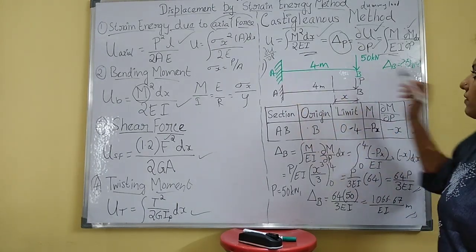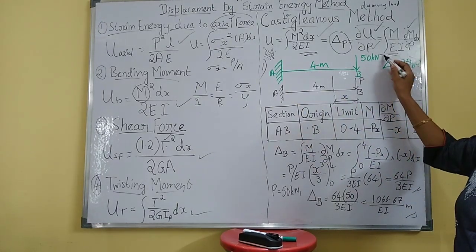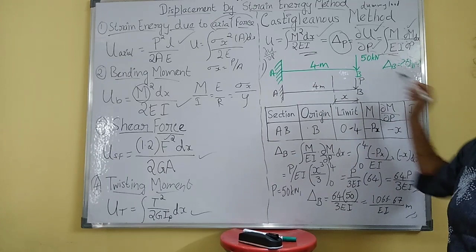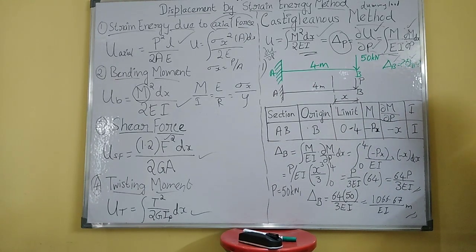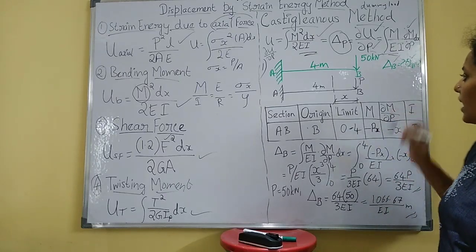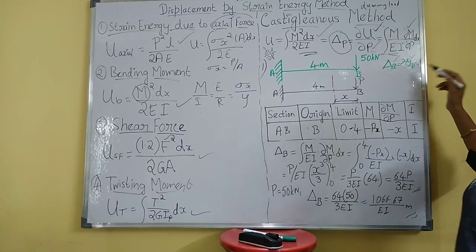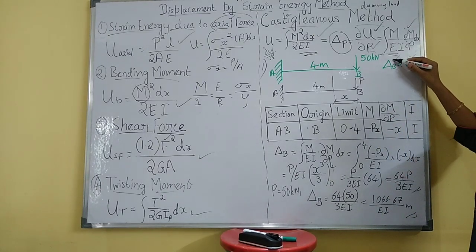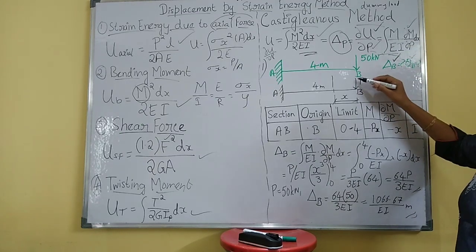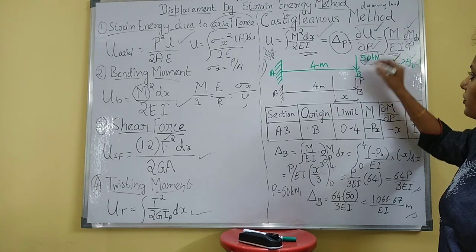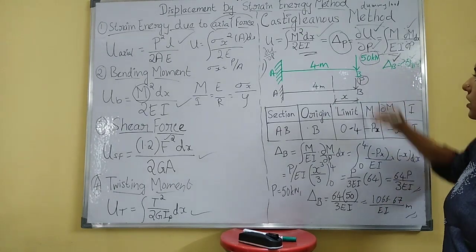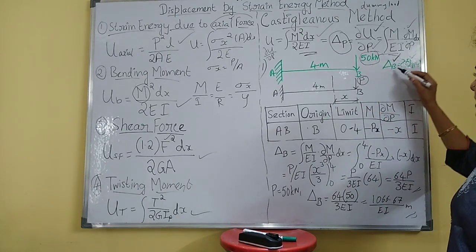This is your given cantilever beam, a 50 kilonewton load is given and the distance is 4 meter. We need to find delta B and theta B, the displacement and slope. The first step is to find delta B, which is due to this load. Replace the 50 kilonewton load by load P wherever the displacement is asked.